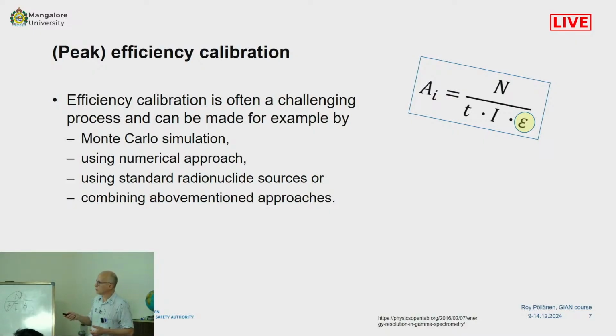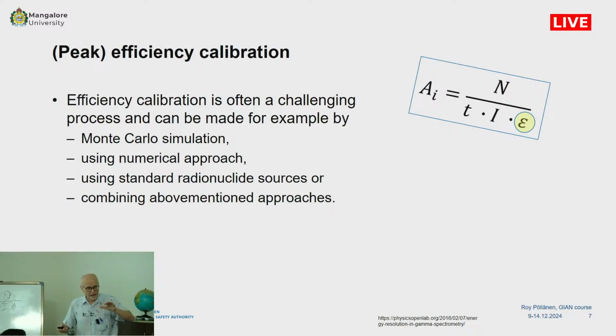You can use also numerical approaches using standard radionuclide sources like Karunakara's team use, and it's possible to combine all of these. I do not mention here our way. We do it by using efficiency transfer software. So our basic calibration for one geometry is done by using this way, basically in the same way as you do.